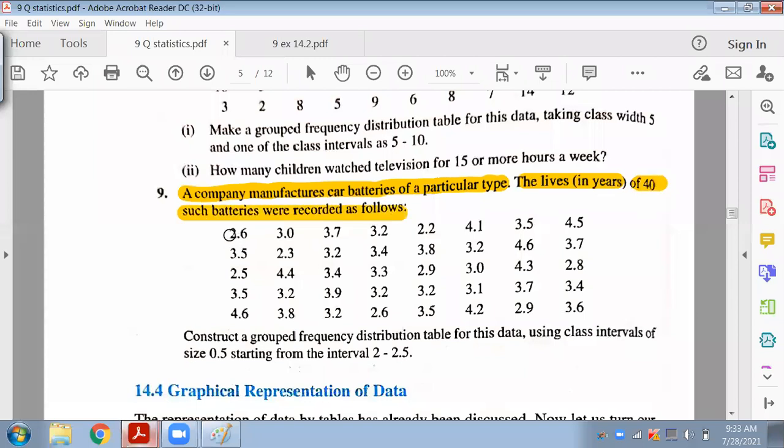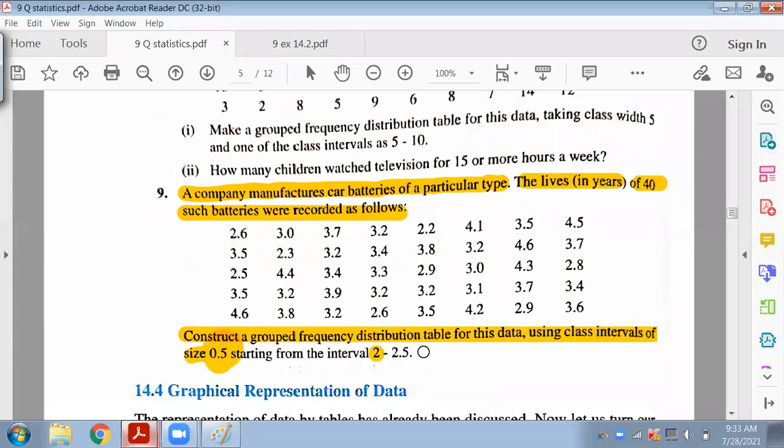These are the lives in years of 40 batteries given to us. What you're going to do is construct a group frequency distribution table for this data using a class interval of size 0.5. Here the class interval should be 0.5. The difference between the classes should be 0.5.